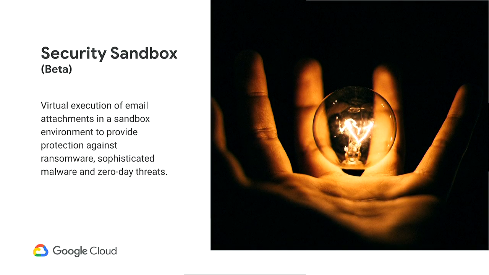malware. Another thing that we do, and that we're launching in beta tomorrow, so that's the news, is the security sandbox. For files that are potentially at risk, we open them in virtual machines and we look at what they do on the operating system, and based on that we decide to block the file or not.